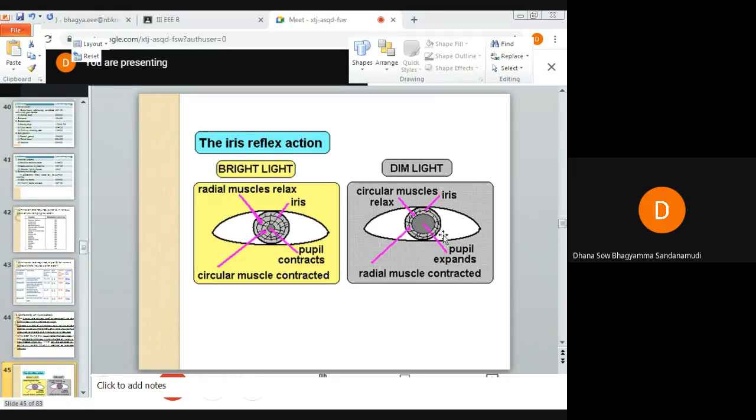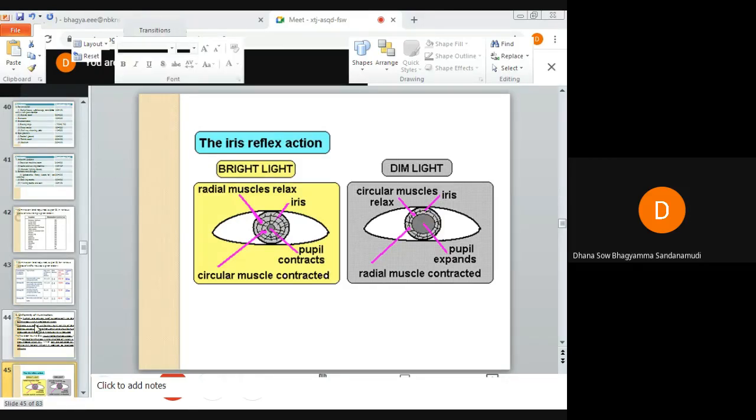So the radial muscles will contract and the circular muscles will relax, and you can see the expanded pupil of your eye. When our surrounding is dark, the pupil of the eye will expand, and when the surrounding is bright, the pupil will contract.